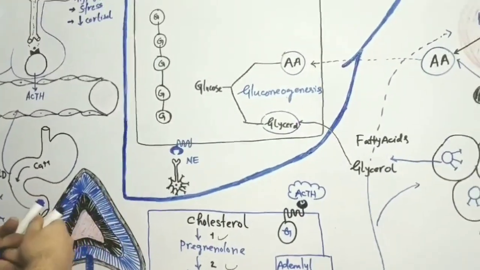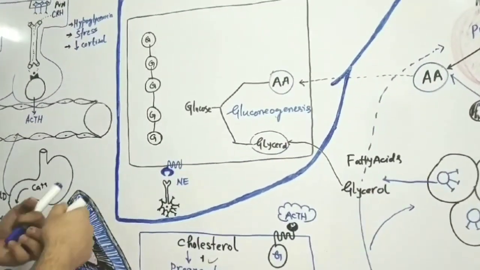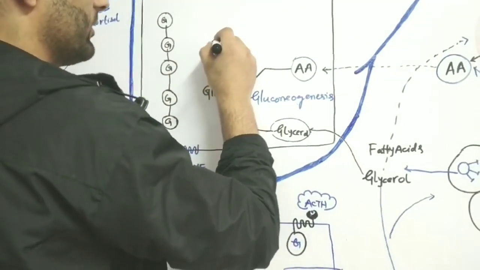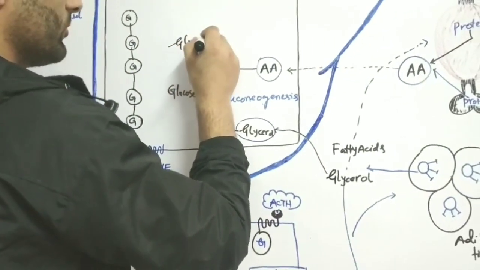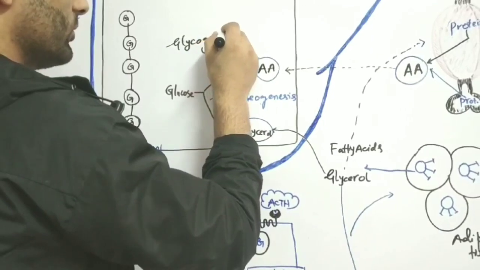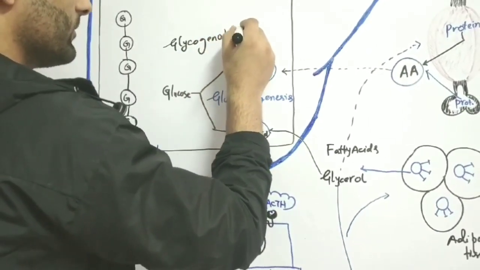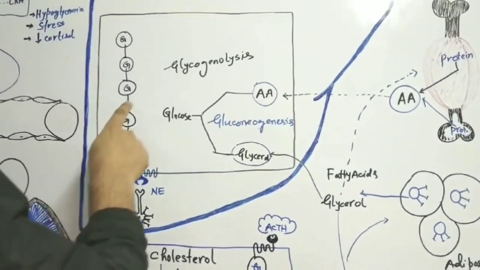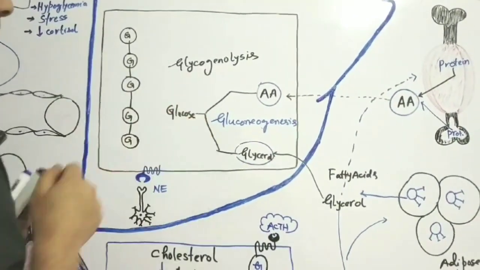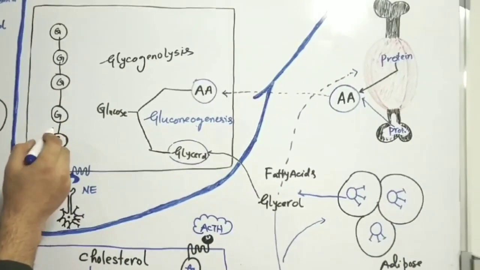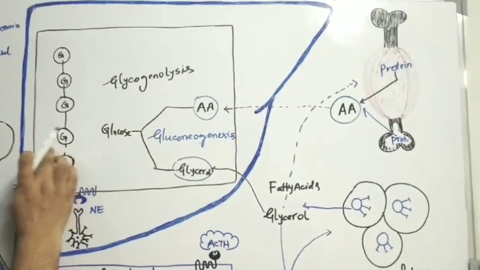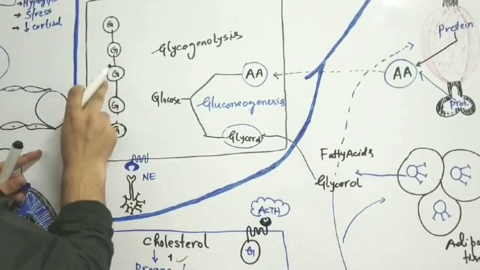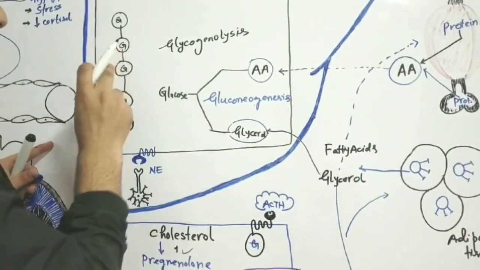Due to this receptor activation, or we can say due to the norepinephrine, there is a process occurring which is known as glycogenolysis. Let me write here. Glycogenolysis means breakdown of glycogen into glucose. Now again, this glucose molecule will be separated from the glycogen chain.